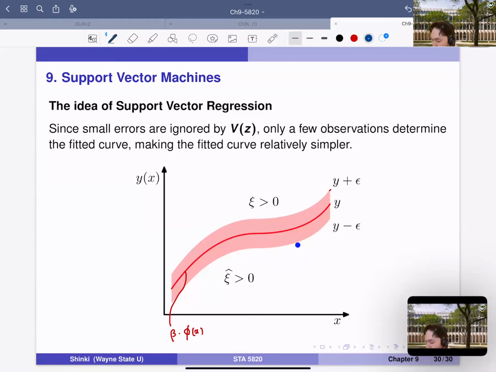If the observations are within this epsilon tube, basically we don't have any penalty on these observations. So small fluctuations of the data do not really matter for this rule.